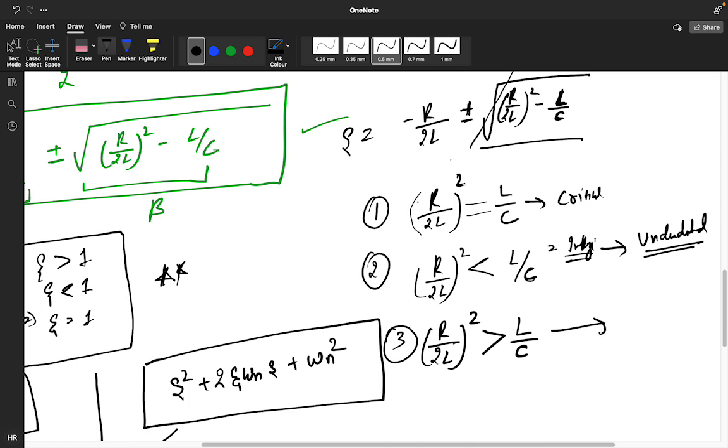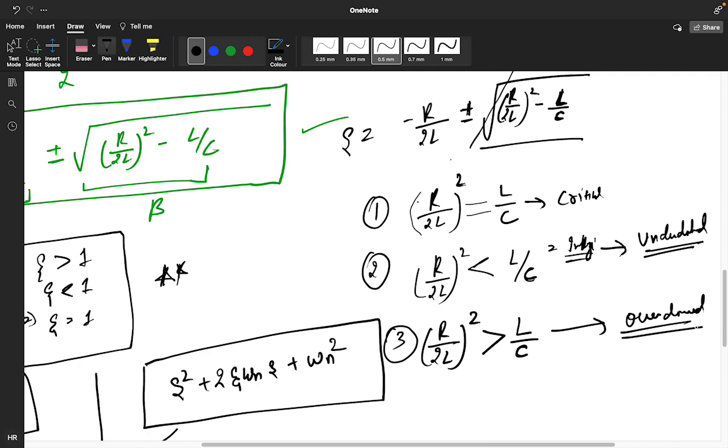And when you get (R by 2L) whole square greater than L by C, it is overdamped. Is this clear? Prasanna, is this clear? Got it, sir.